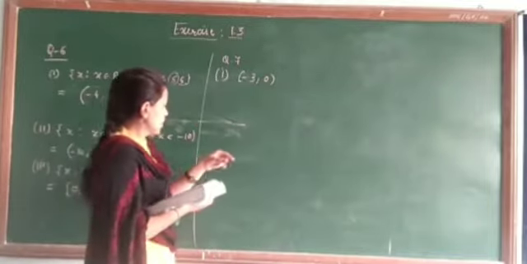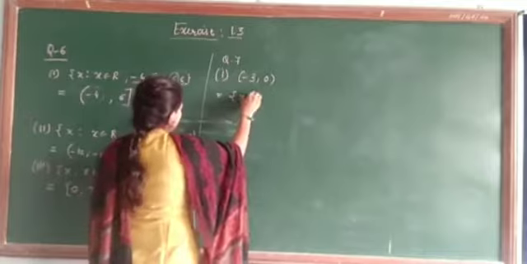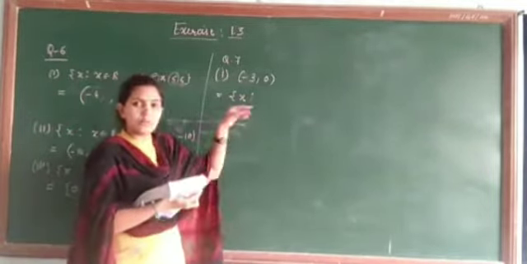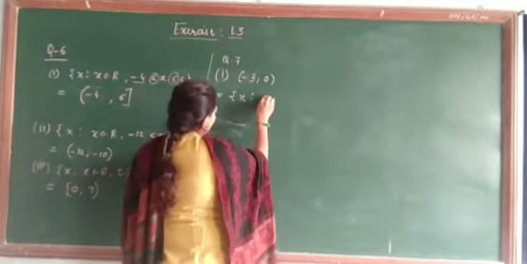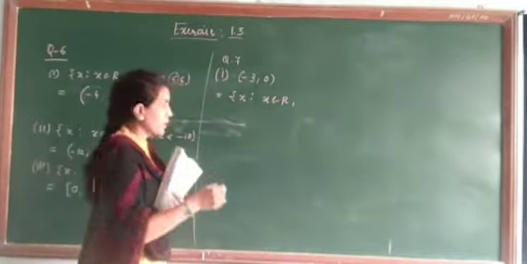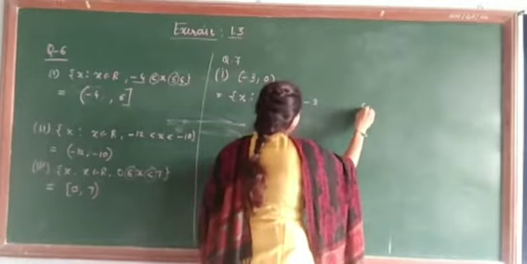-3 and 0. Now when you are writing this set, this is all x such that, okay, such that, showing the double colon is necessary there. This is the such that, x belongs to R, meaning x is a real number, and -3 and 0.